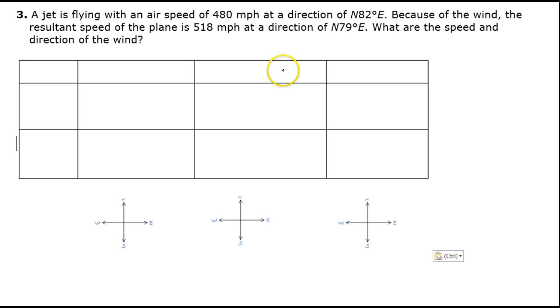So there are three vectors that we are dealing with. We have the velocity of the plane, so I'm just going to write plane right here. We have the velocity of the wind, so I'm going to write wind right here. And we have the resultant vector, so I'll just put resultant.